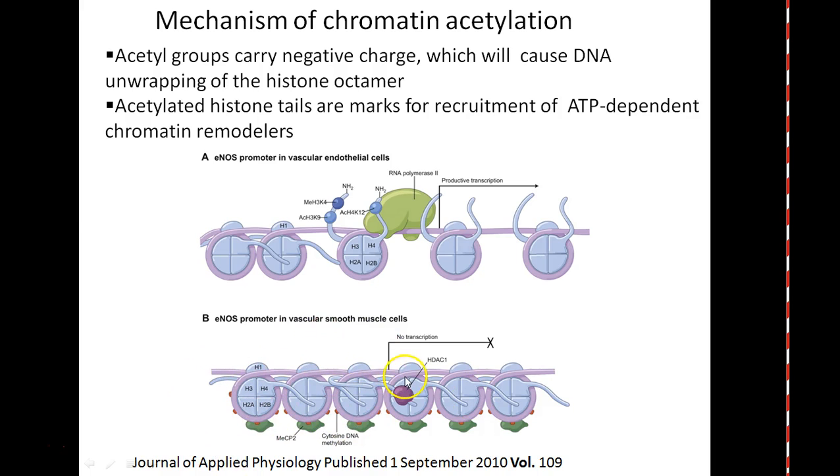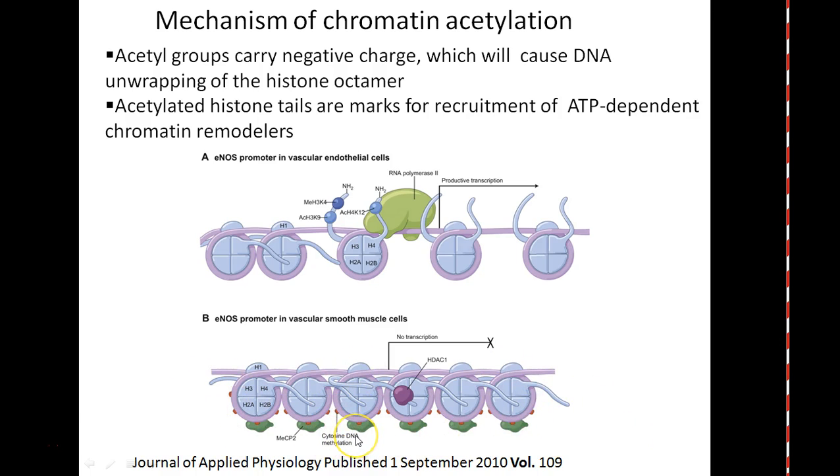DNA is tightly wrapped around the histone octamers, and those nucleosomes are packaged very closely one next to another. We can also see this enzyme in purple, HDAC, sitting here, which would remove all of the acetyl groups and promote condensation of the chromatin in this region.